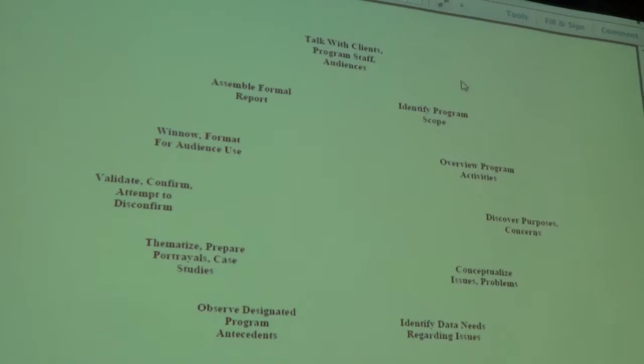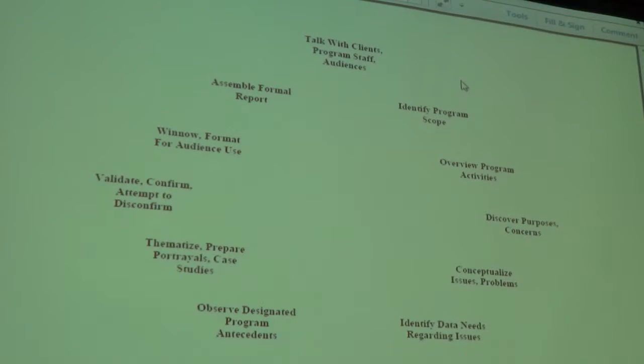And so you conceptualize those issues and those problems. You then specify the problem statement based on the input from the participants and the program staff, based on what the program should be delivering and how those program services ought to be delivered. All of those are taken together to conceptualize the issues and the problems to arrive at a problem statement.